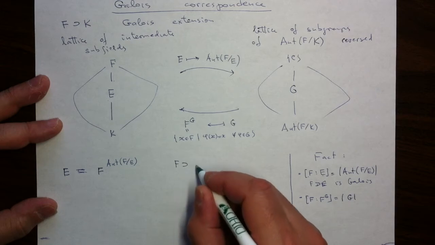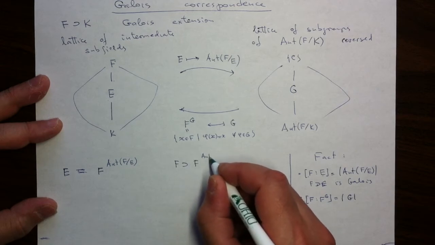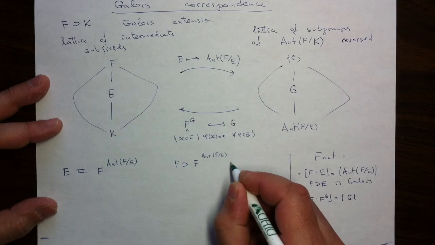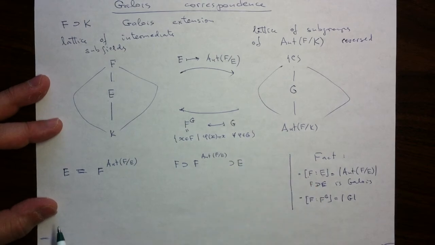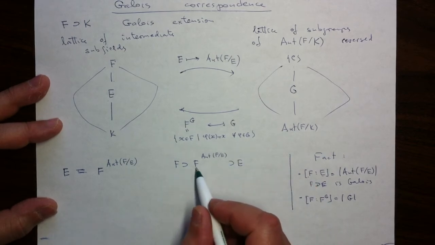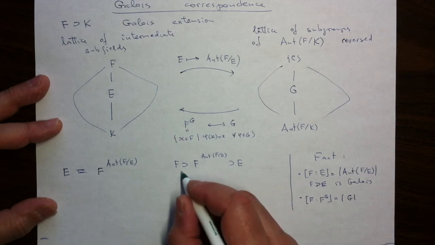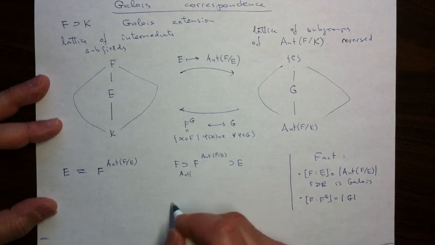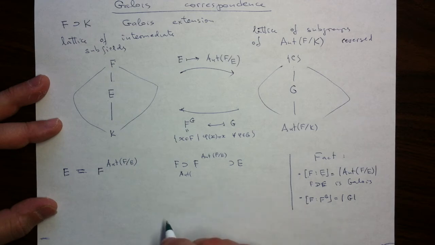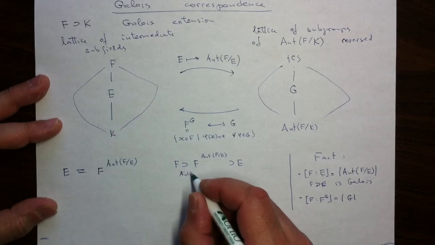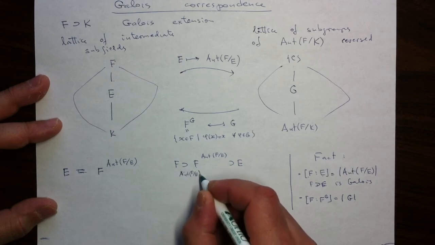We have F, we have this subfield of invariance, and we have E sitting inside. F extending anything is a Galois extension, so the degree of this extension I would rather compute using this fact, and the degree of this extension is the size of the group.